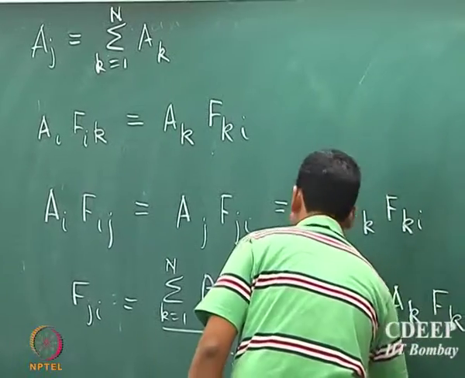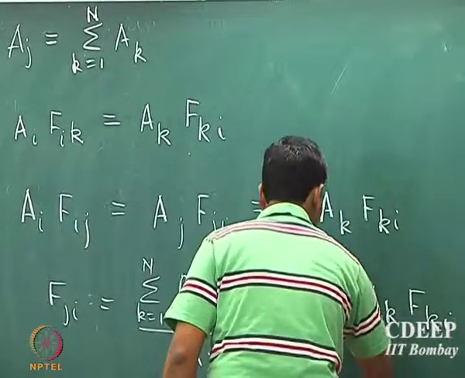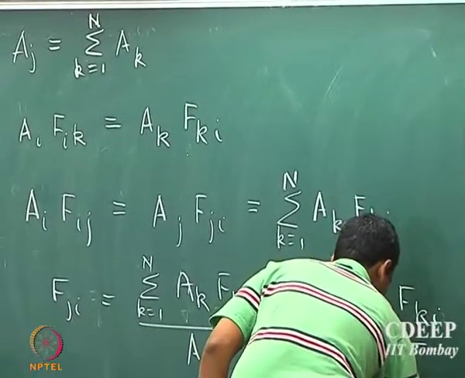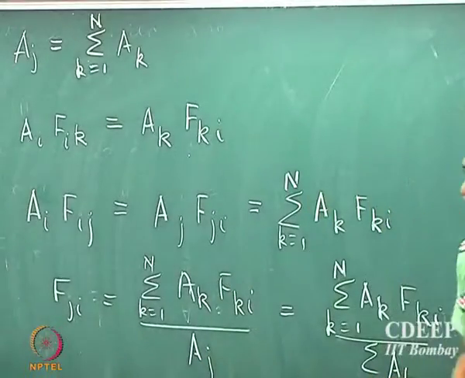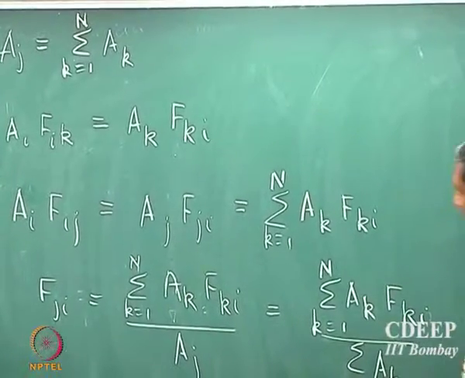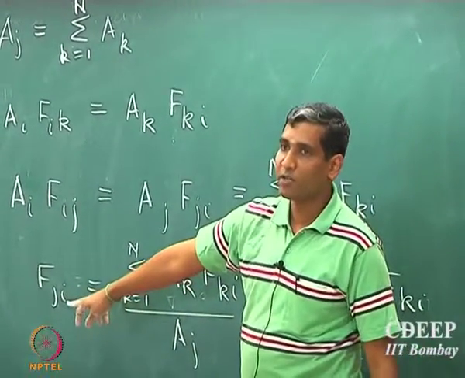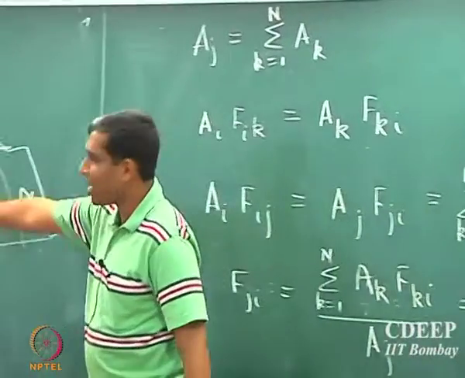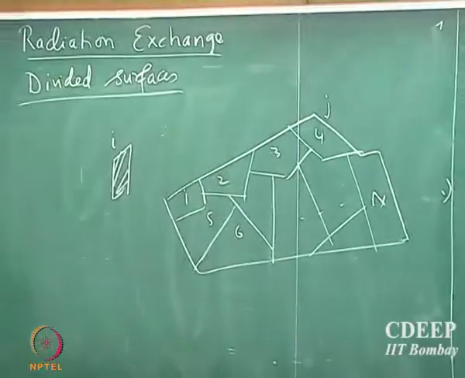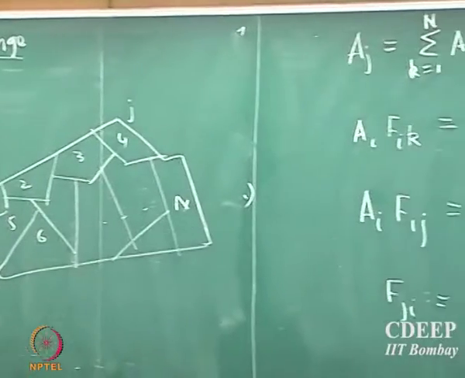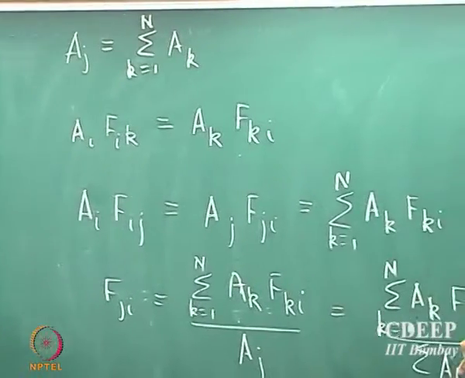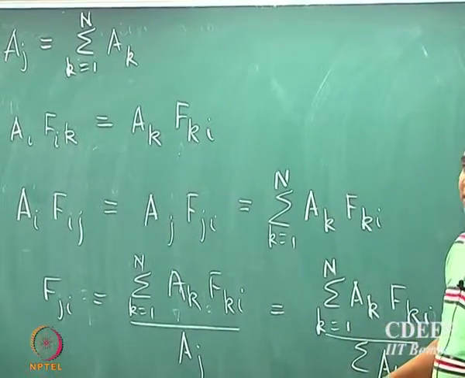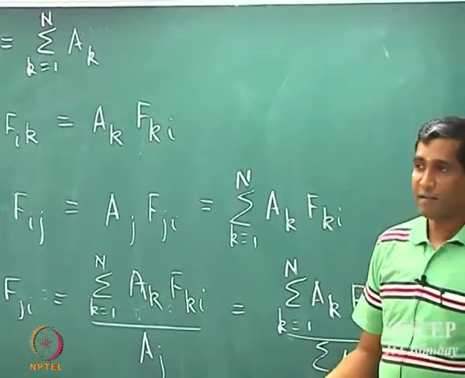So what this expression tells you is that Fji, which is the overall view factor between surface j and I, is simply given by the sum over the fractional area multiplied by the corresponding view factor. What is Ak by sum Aj? It is the fractional surface area, right.